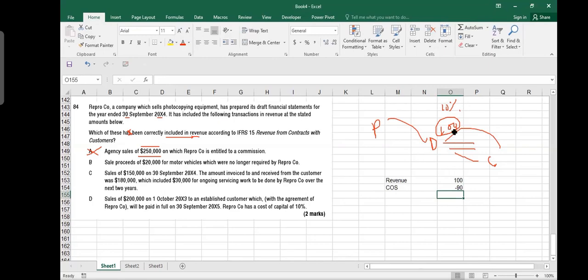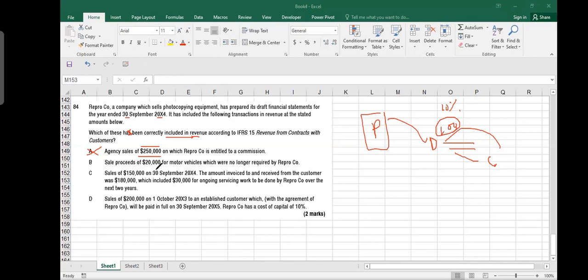They put the 100 straight into revenue, and because I'm entitled to 10%, 90% is my cost, so they charge $90 into cost of sales to come up to $10, which is not proper. Actually, you should only be taking 10% of that into your revenue. So this is wrong because it was not their revenue. It was the revenue of P company. They were just selling on behalf of P. Their revenue is only 10%.